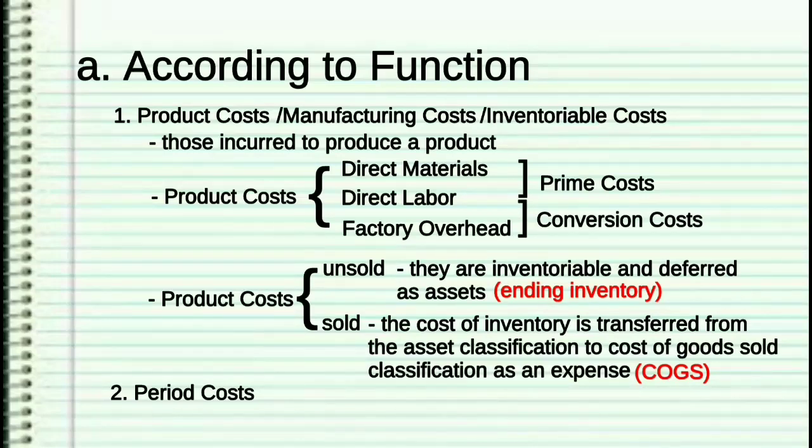As a summary, if the related units are still unsold, the cost will remain in ending inventory. If the units are sold, the cost is transferred to the cost of goods sold classification as an expense.